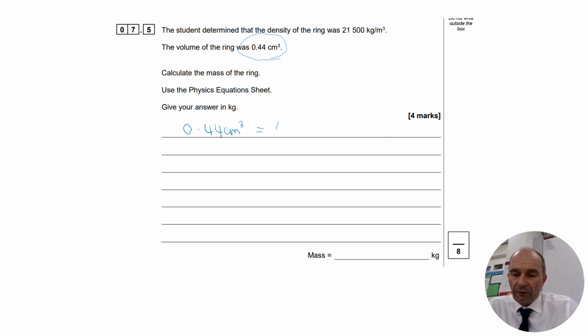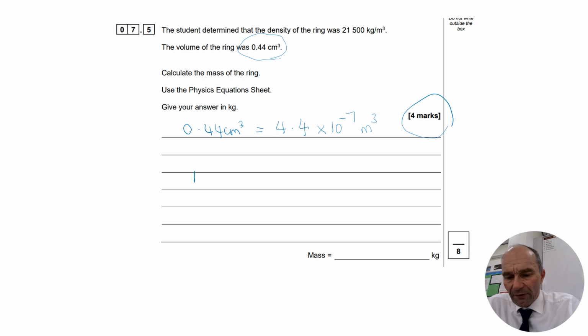I'm going to write this in standard form, saving having to write lots of zeros. It's going to be 4.4 times 10 to the minus 7 meters cubed. Now that's your first mark kind of earned. Remember, this is 4 marks just for using one equation, so there's always going to be a conversion in there.